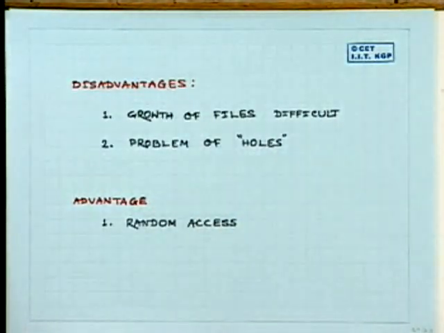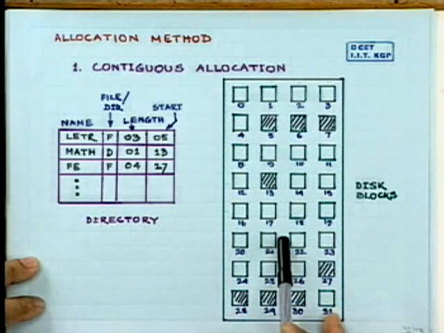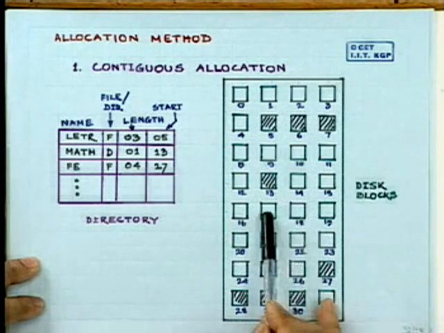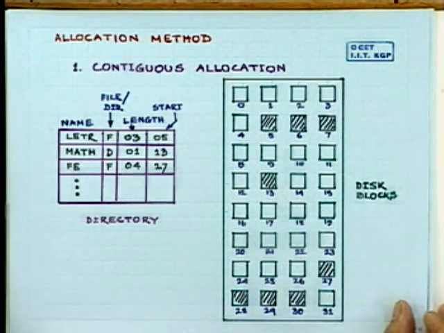Another is the problem of holes. I hope you remember that in your partitioned memory management scheme, holes may be generated within the physical memory, which results in a good amount of memory being wasted. Here also, such holes may be generated. For example, several files are allocated, and in between there are blocks which are too small to be allocated to a file.